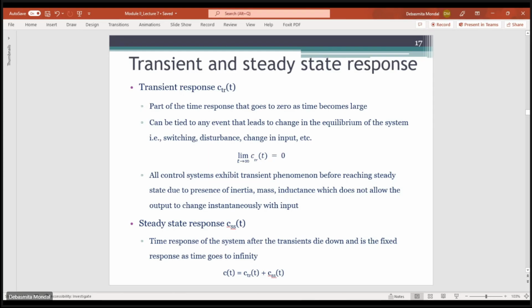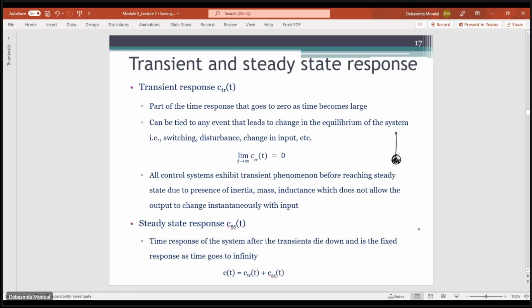Okay, so now let's say you have a pendulum. If you take an example of a simple pendulum, and that simple pendulum is present in an equilibrium position. So this is a simple pendulum, and this is the equilibrium position that you have.